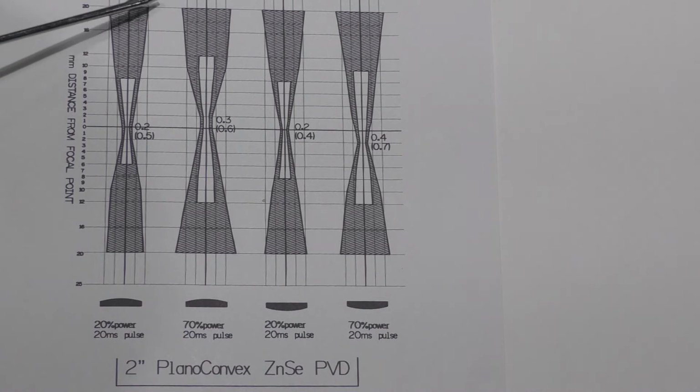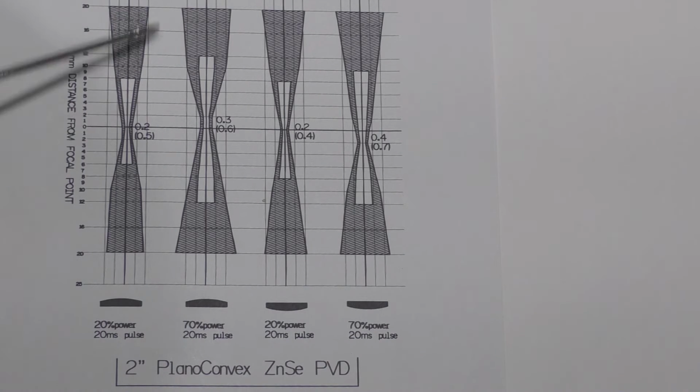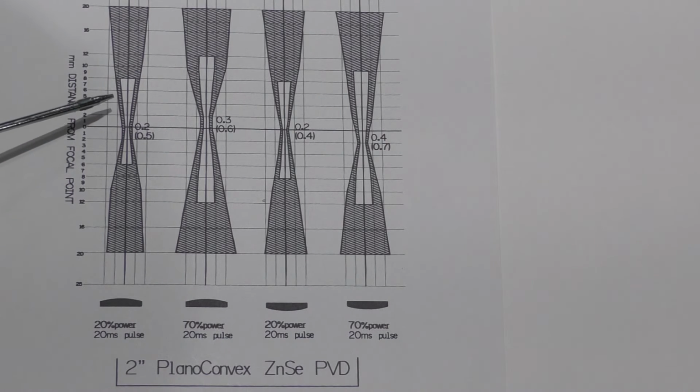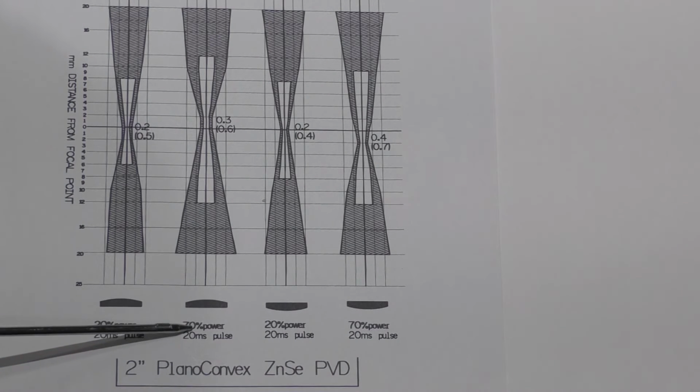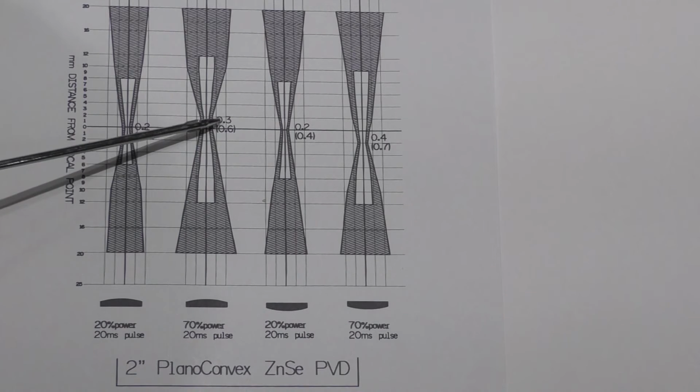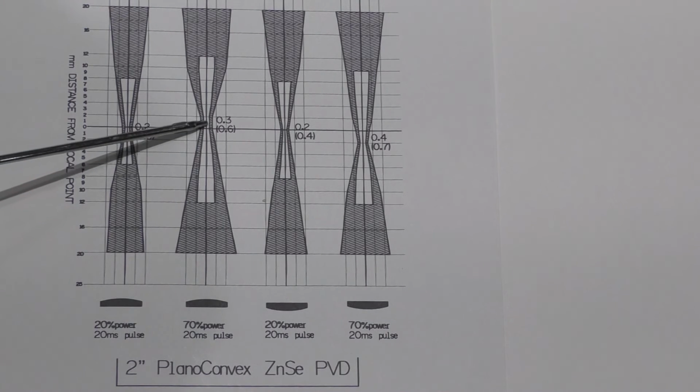Now, we're going to increase the power, but we're not going to change the size of the beam. The beam is going to remain exactly the same size. But what has happened is, as we change the power and we go doubling the power up to 70%, we've gone from 0.2 to 0.3 with our hole, so we've got a 50% increase in the hole diameter.